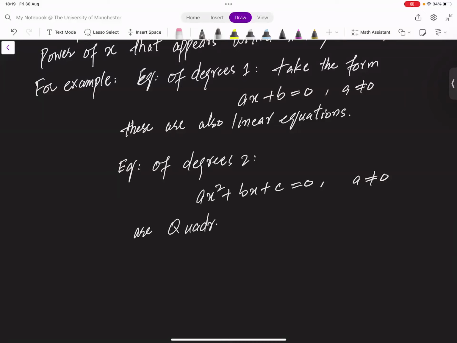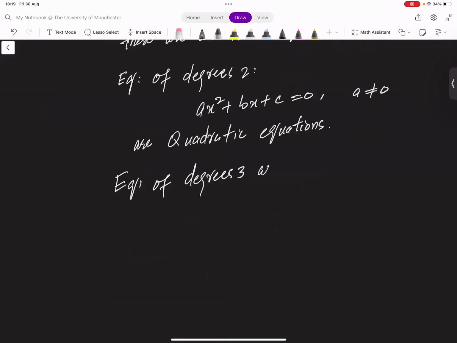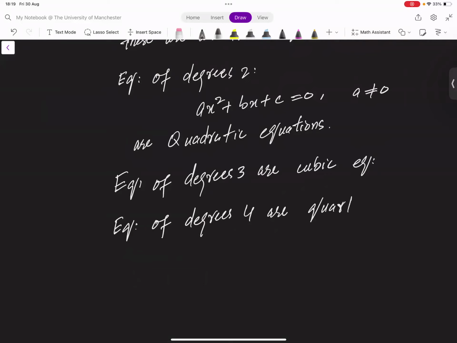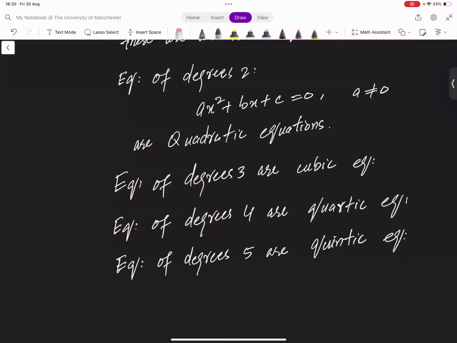These are quadratic equations. Equations of degree 3 are cubic equations, of degree 4 are quartic equations, of degree 5 are quintic equations, and so on.